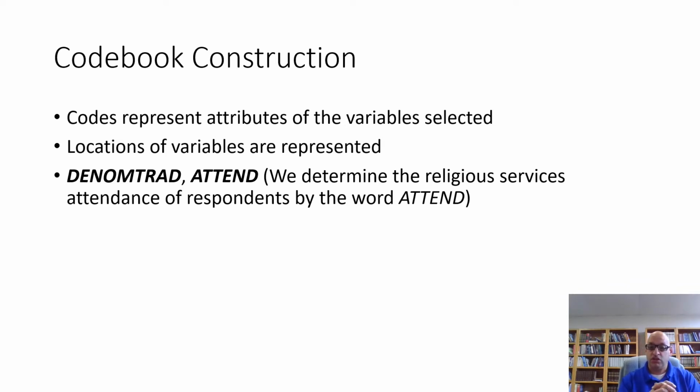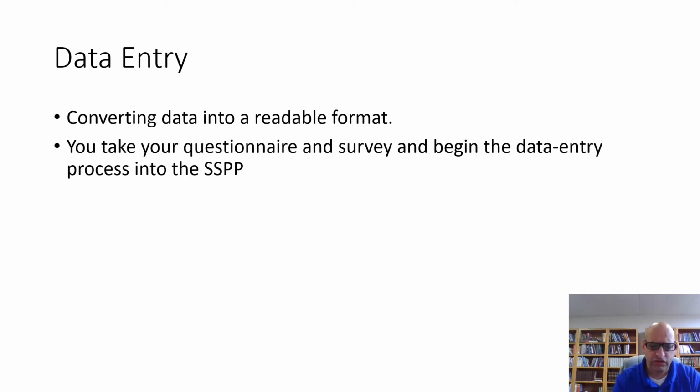So we determine religious services attendance by the amount of respondents that come to a worship service. And so we will assign the word attend as the main stem to that sample group. So I hope you're seeing how that is building out in what we call a quantitative methodology.